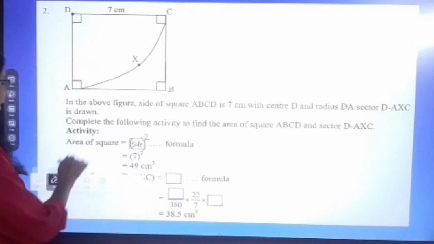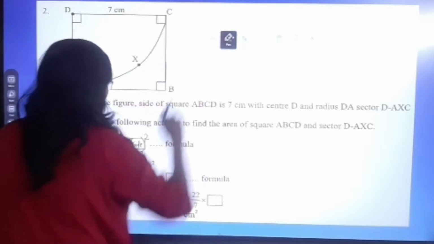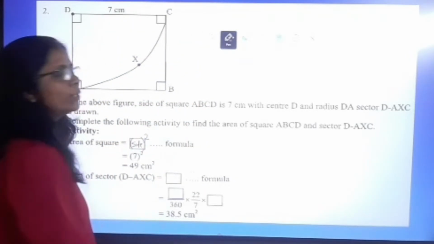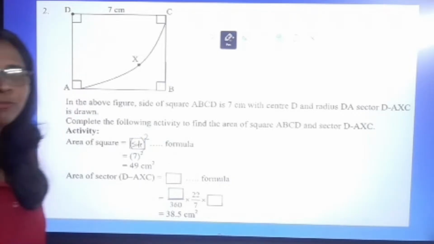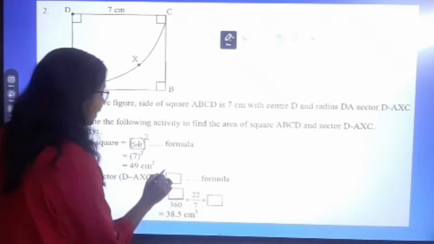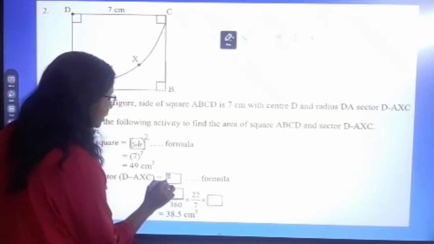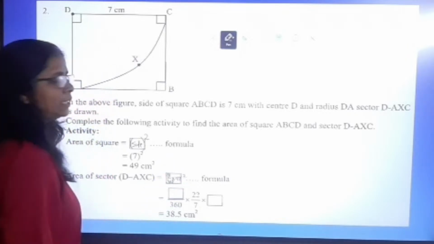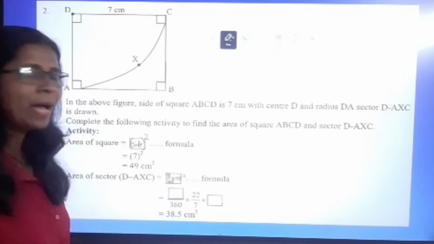Then the area of sector DAXC. Also write here the formula for the area of the sector, and that is theta upon 360 multiply pi r square. Okay, theta upon 360 multiply pi r square.